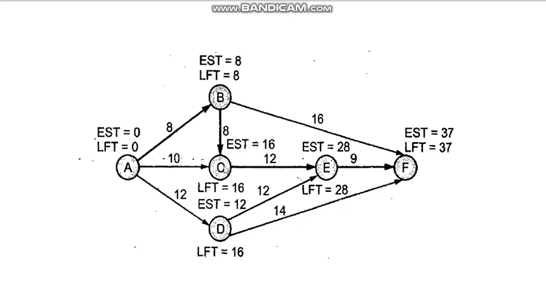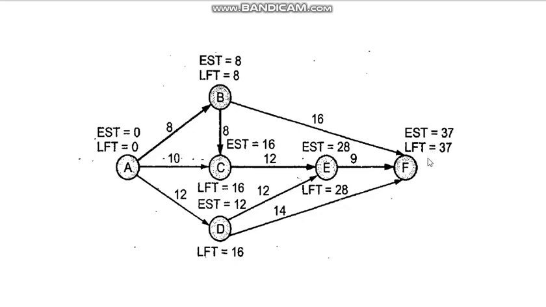But if you can reach that node through 2 branches, you calculate the EST for both branches and take the larger value. Finally at the terminal node you reach through 3 branches, you calculated the EST for all 3 and took the maximum, which is 37.